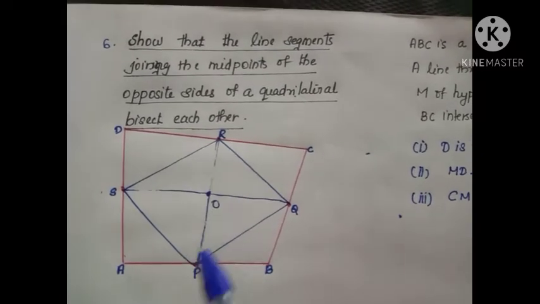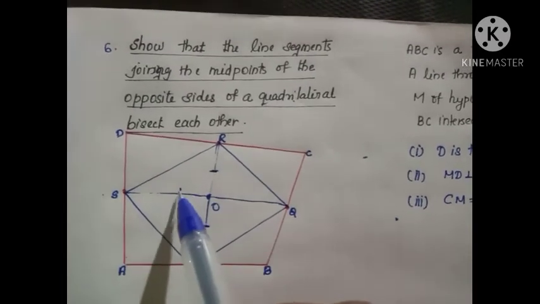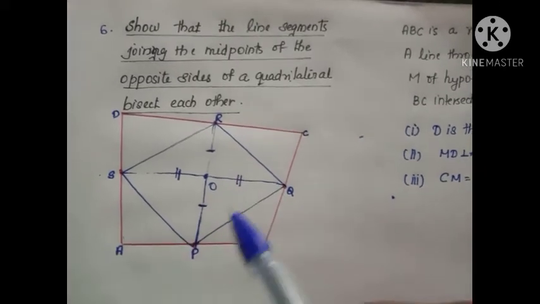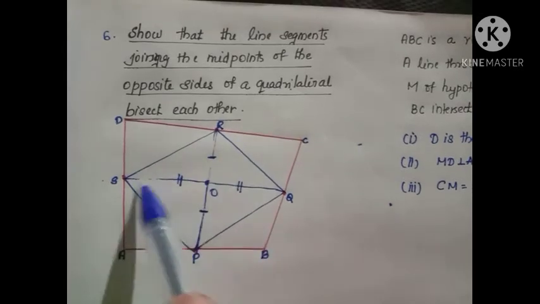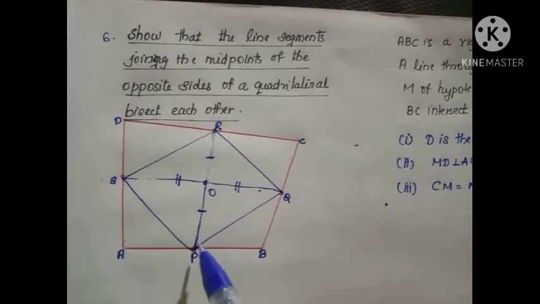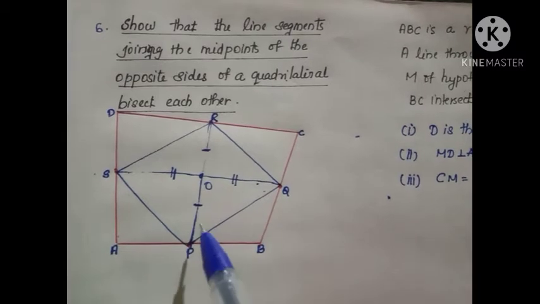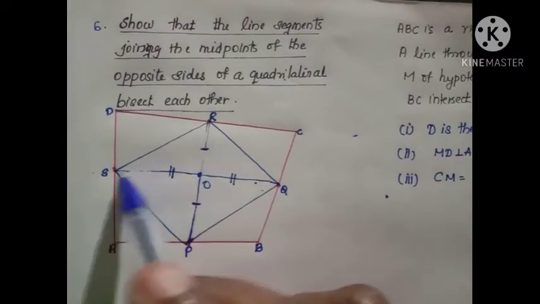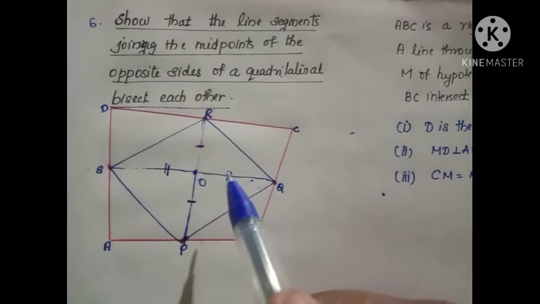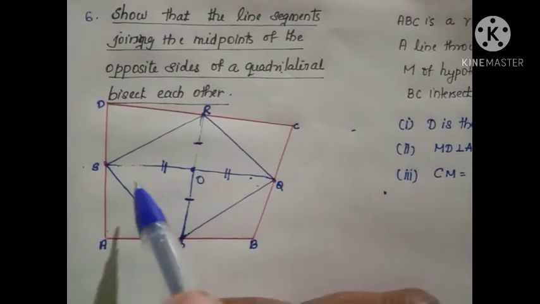Bisect each other means we need to prove OP equals OR, and OS equals OQ. That is the meaning of bisect each other. So listen, PR and SQ bisect each other. If PQRS is a parallelogram, what will happen? If we prove PQRS is a parallelogram, then we have a theorem which states that in a parallelogram, diagonals bisect each other, isn't it?